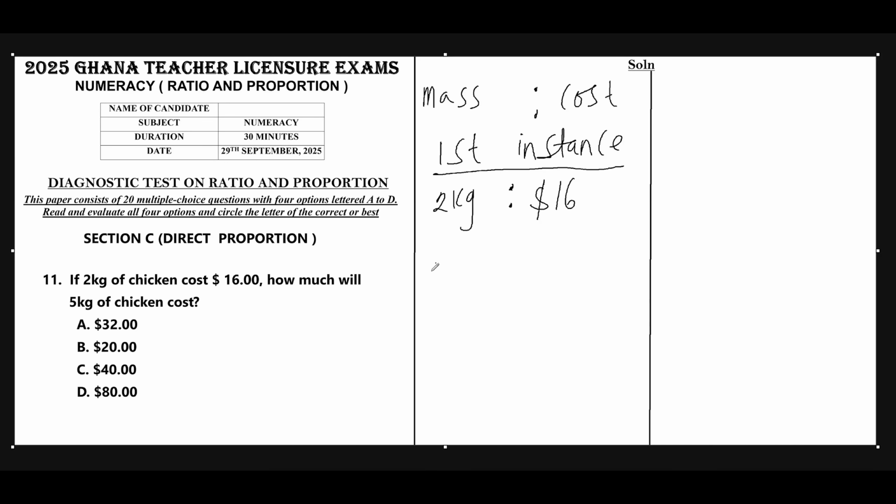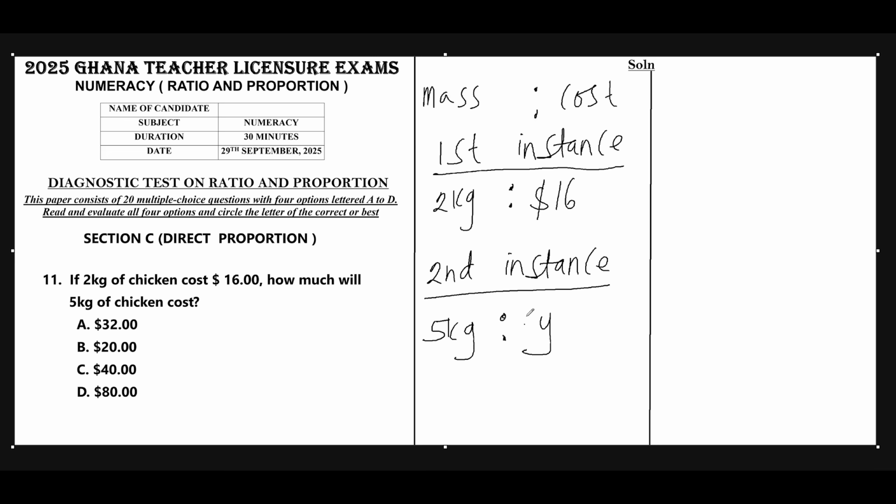Let's also look for the second instance. With the second instance, we are to find how much 5 kilograms of chicken will cost. So we have the mass giving us 5 kilograms. What will be the cost? Let's represent the cost as Y, since we don't know the cost.